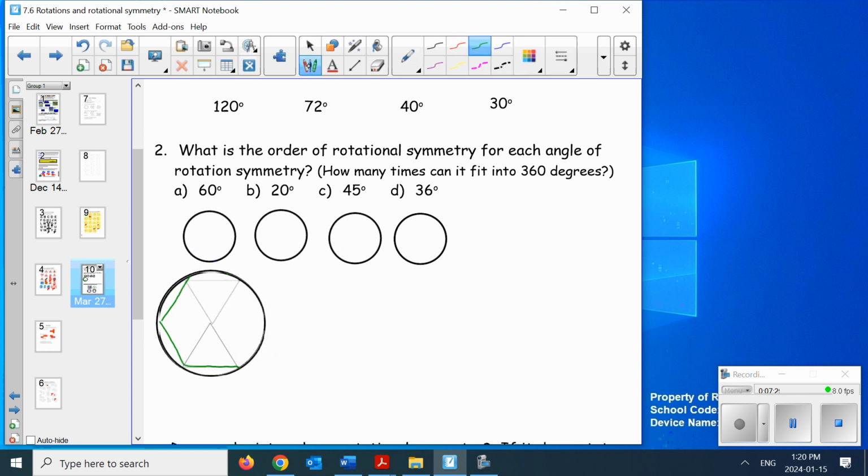Okay, I've gotten off center now. 4. 5. 6. Roughly drawn. It's called a hexagon, right?